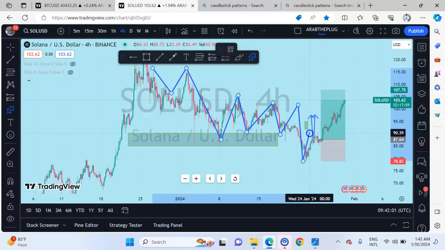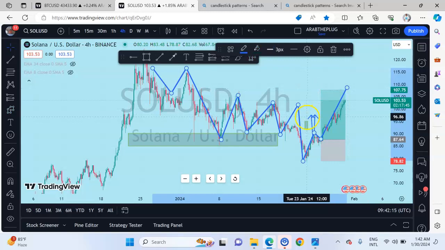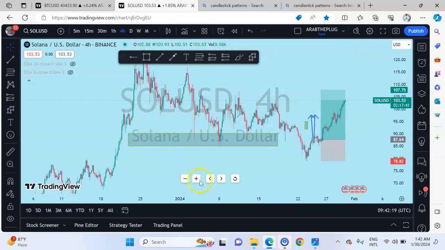So when it came back to this area of support, I was looking for an opportunity to buy. And I found that bullish engulfing candle and I took the long trade. And when I took the long trade after the bullish engulfing candle, what happened? The market started moving.